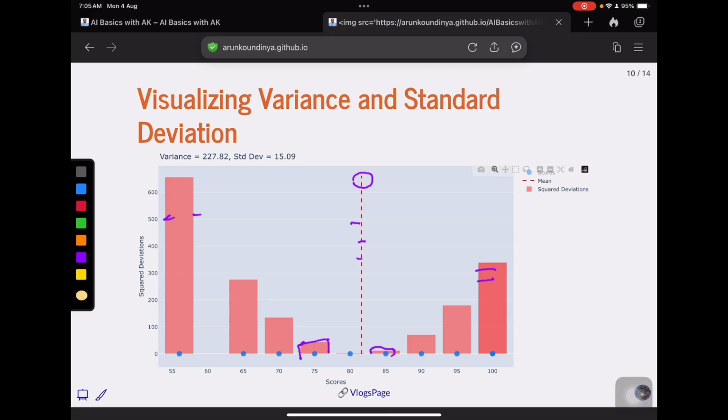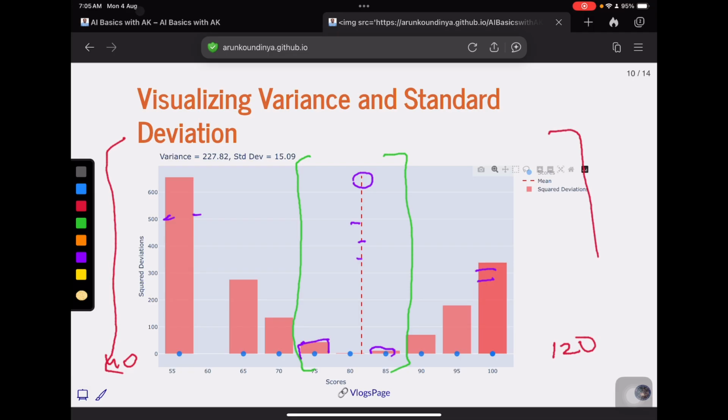If the data has a huge range, say for example, if the range is between 75 and 85, and the data set is only this part, then your variance is very little. If the data set is ranging from say 40 to say 120, hypothetically, then your variance is spread across this whole range.